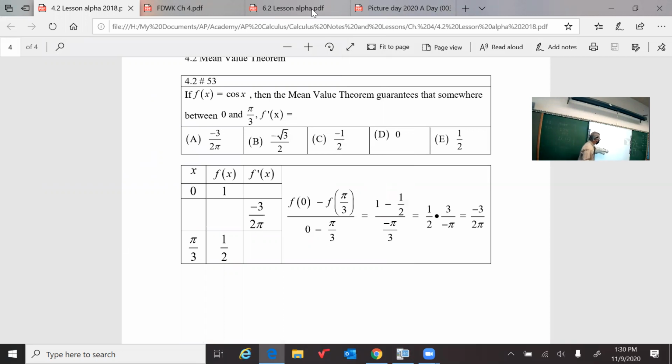This is the what, that is the when, and this value is not halfway between there like it was on the example and on problem number 1 in the back. Okay, so that's all for 4-2 alpha.